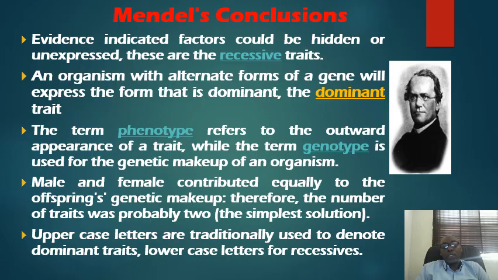Therefore, the number of factors per trait was probably two. He also used uppercase letters to denote dominant traits and lowercase letters for recessive traits. Take note of this, especially when you are drawing your genetic diagrams or making genetic crosses.